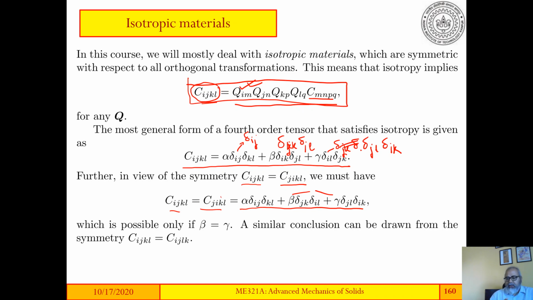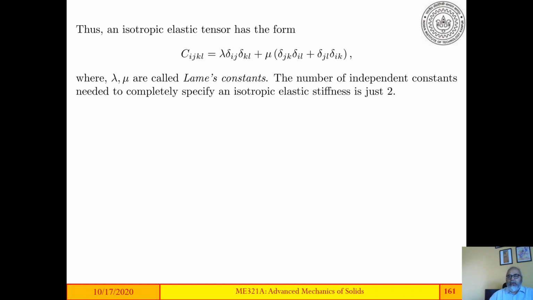So we are going to deal with linearly elastic isotropic materials only, mostly in this course. So we are going to rename these constants. So this alpha, we are going to call it lambda, and beta and gamma, we are going to call it mu. And we will write the isotropic elastic tensor in this particular form.